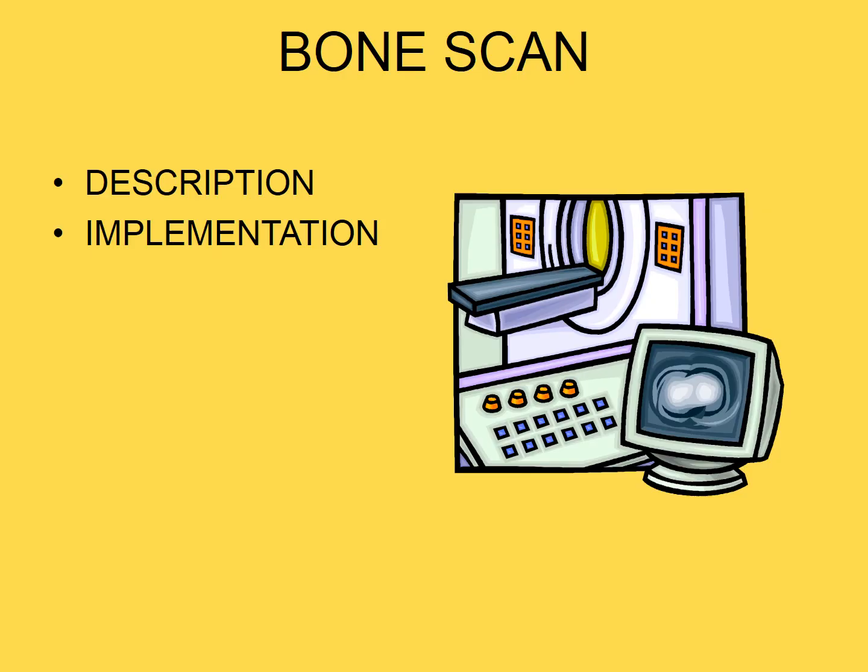Next slide. And the bone scan description, pretty much bone scan is where you use some radioisotope that is injected IV and collects in an area which indicates abnormal bone metabolism and some fracture if it exists. The isotope is excreted in the urine and feces within 48 hours, and it's usually not harmful.